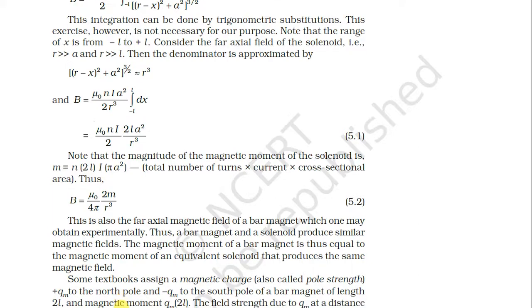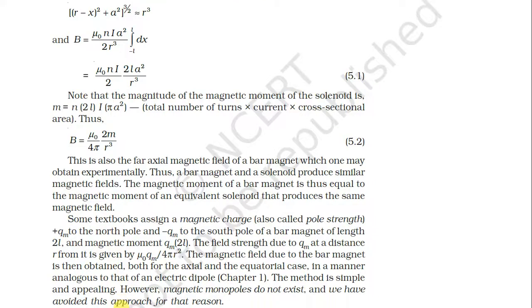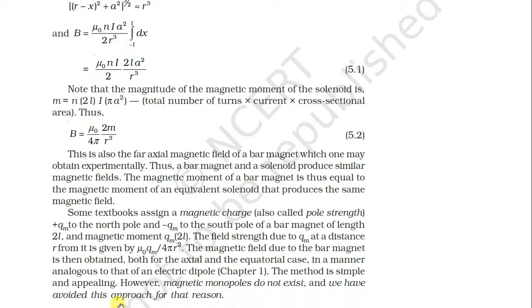Some textbooks assign a magnetic charge, the pole strength, plus Qm to the north pole and minus Qm to the south pole of the bar magnet of length 2l, and the magnetic moment is Qm into 2l. The field strength due to Qm at a distance r from it is given by mu 0 Qm upon 4 pi r square.